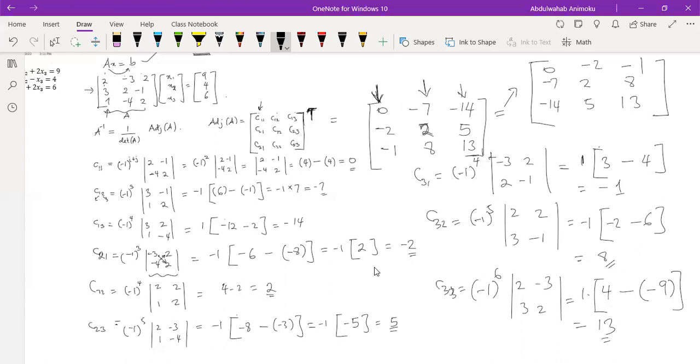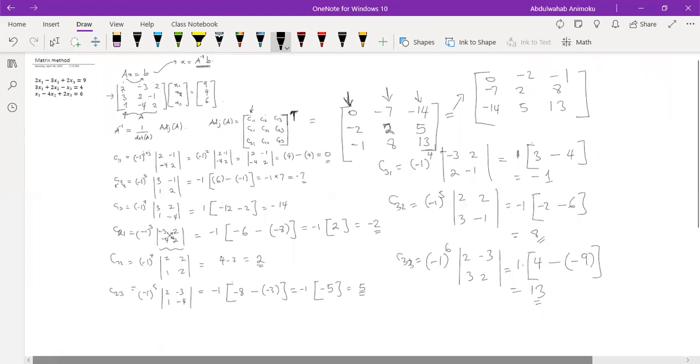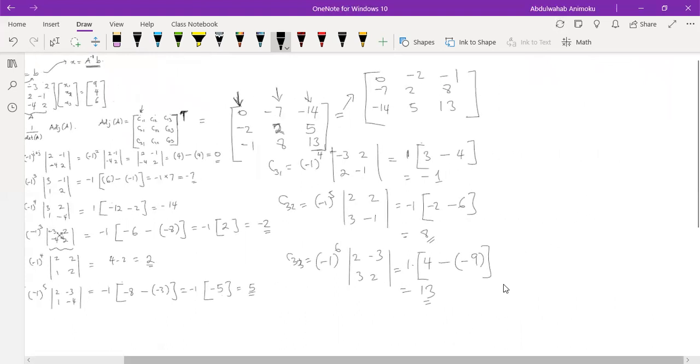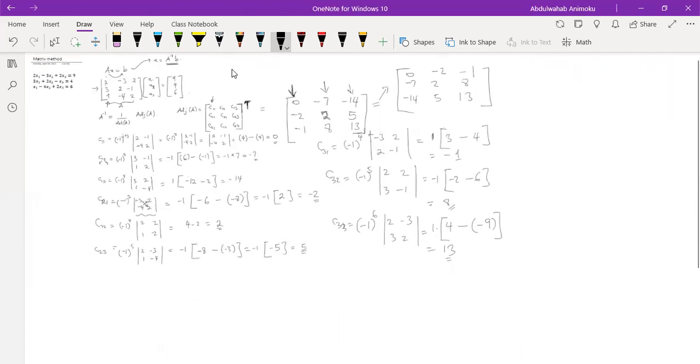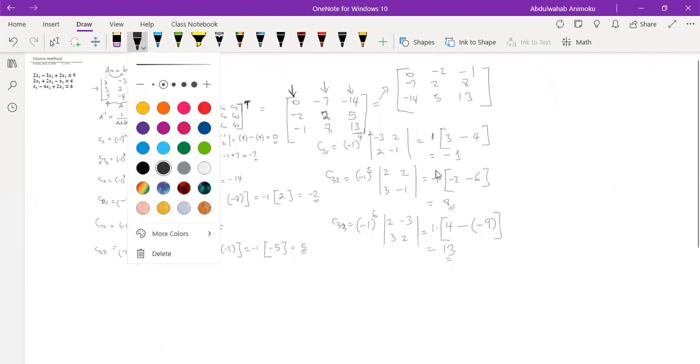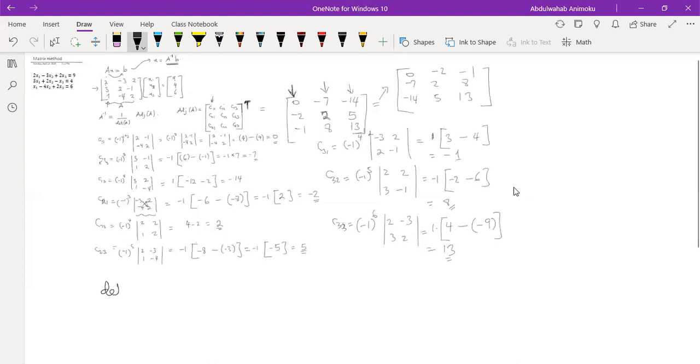Now, what is next? So what's next is we need to find the determinant of A as well, right? So let's do it down here. So let's find the determinant of A, which we haven't done. So we're looking for the determinant of A. Basically, you know how to find the determinant of 2.